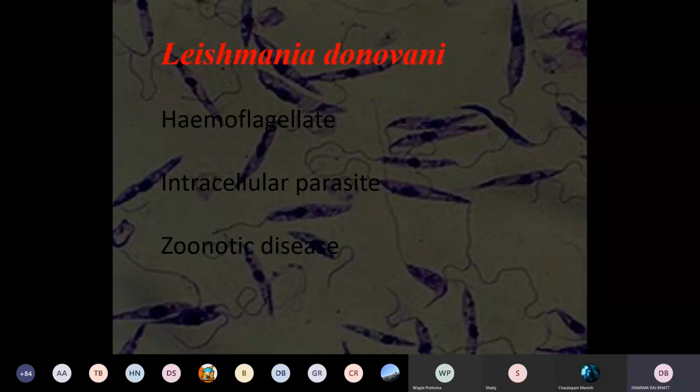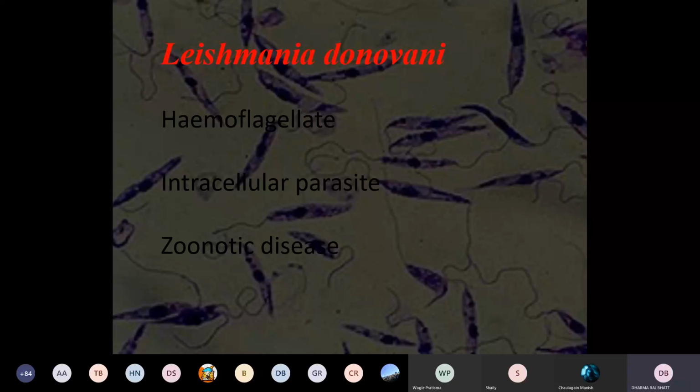So Leishmania donovani is a hemoflagellate parasite. It is also an intracellular parasite. It multiplies in the human host inside the cells, right? The disease caused by Leishmania donovani, leishmaniasis or visceral leishmaniasis, is a zoonotic disease.